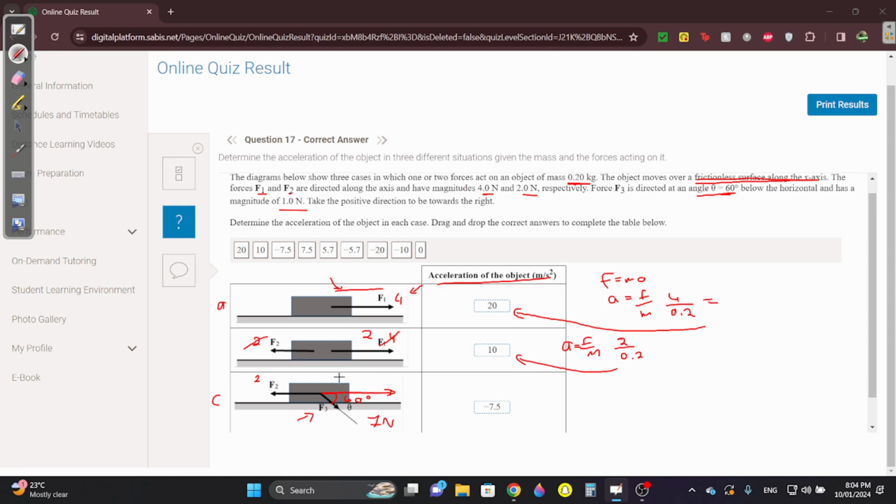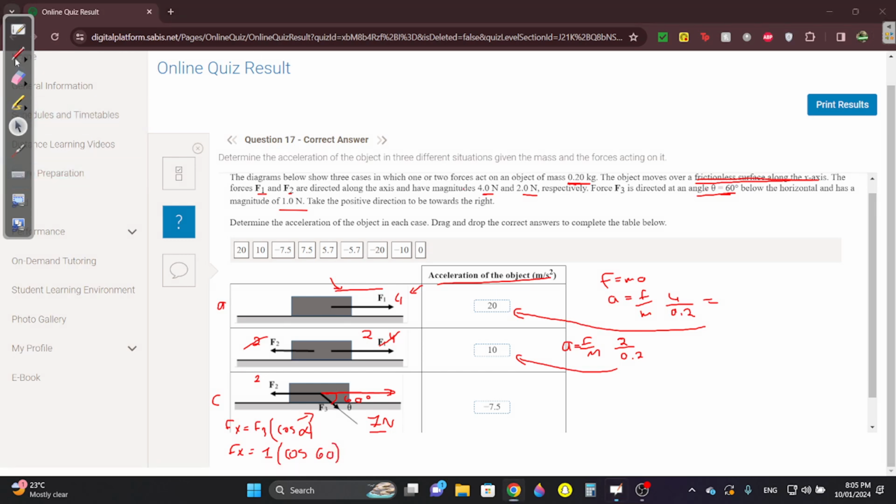To find the x component, or the horizontal part of the force, we do Fx, the horizontal force, equals F3. You always take the force multiplied by the cosine of the angle. So in this case, the horizontal force would be F3, which is 1 newton, times cosine 60.